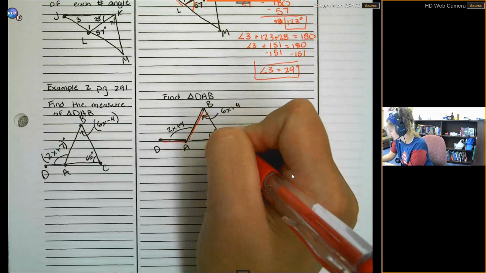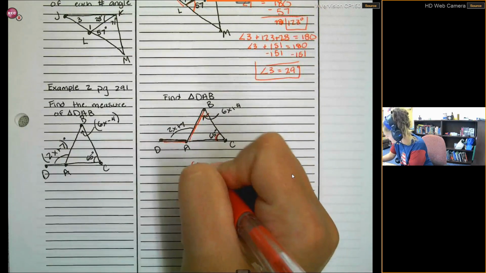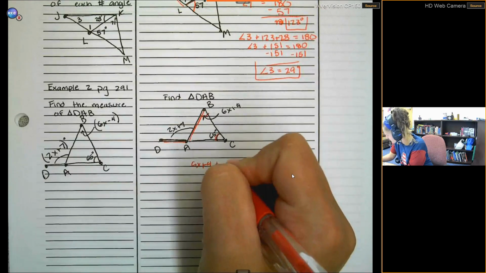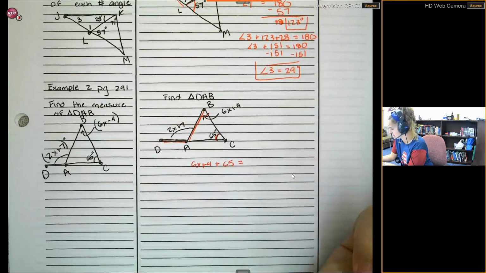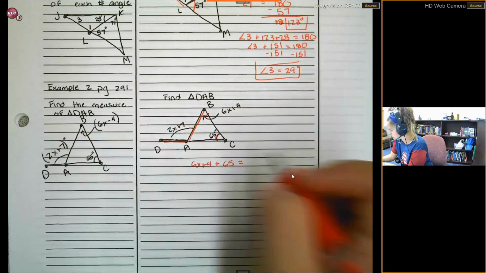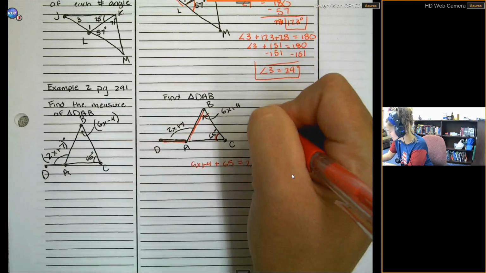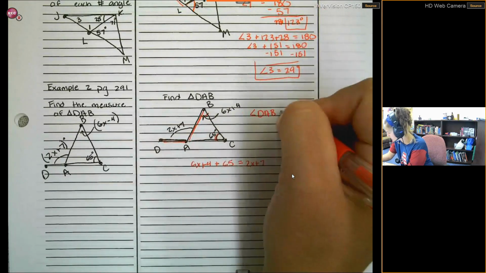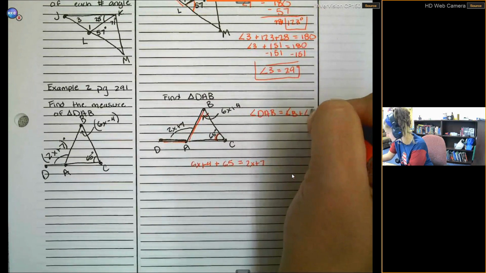Yes, they are the interior angles that are unattached to the exterior angle. So 6x minus 4 should be added together with 65 to equal what? 2x plus 7. So again, our DAB should be the sum of angle B plus angle C.